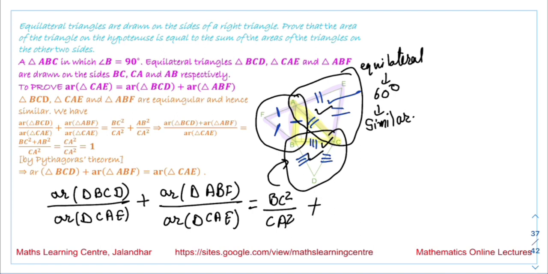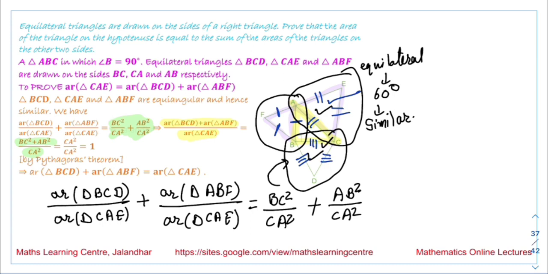Similarly, for the next two triangles we are talking about, the answer we get is AB square over CA square. Now when we take the LCM over here, this is the numerator part and this is the denominator part, and on solving these values, AC square is in the denominator, and we will get BC square plus AB square.